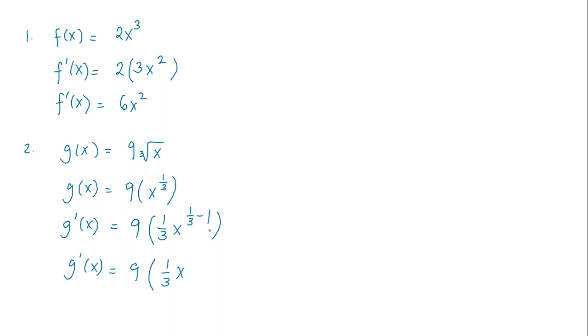So 1/3 minus 3 over 3 is equal to negative 2/3. So we have g prime of x is equal to yung 9 at saka 3, pwede natin silang cancelin na, no? So 9 divided by 3 is 3. So 3 na lang yan. And then we have x raised to negative 2/3.